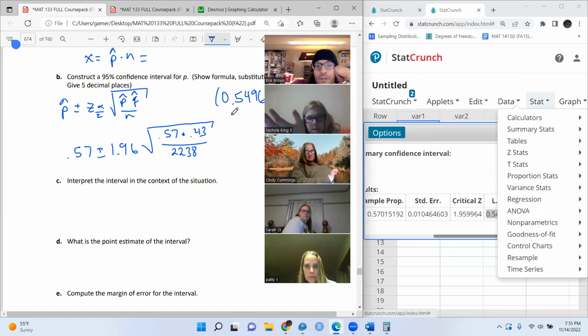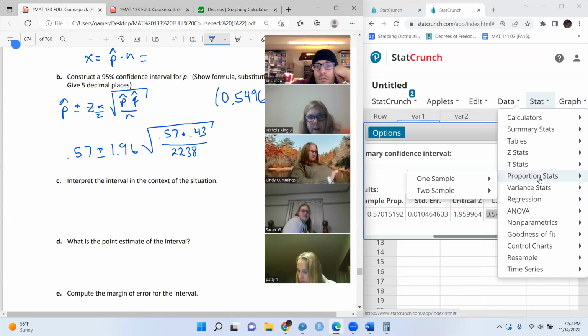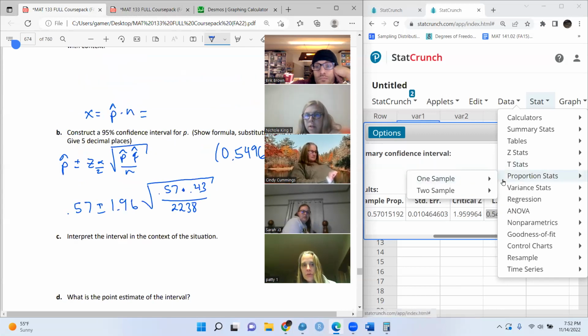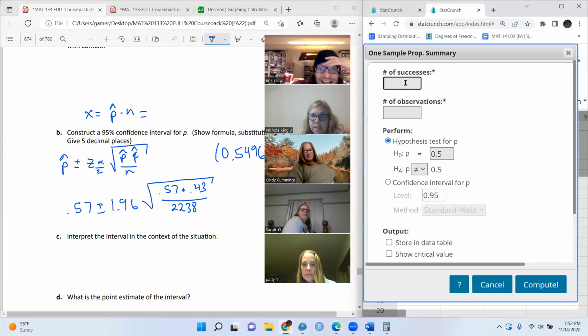So did you get the lower limit and upper limit? No, I didn't even get that far. We need X to be able to get the lower and upper limit. What's X? We need to go to StatCrunch, because we needed that for the number of successes. That's the only thing we need it for.